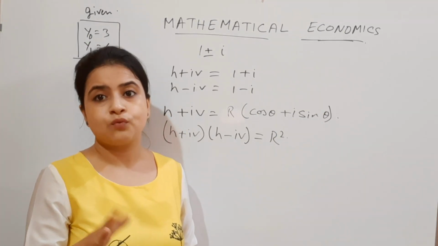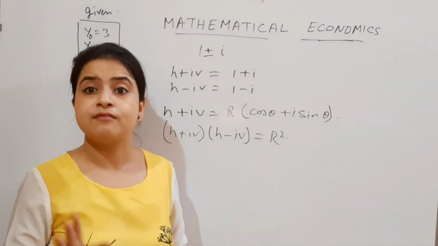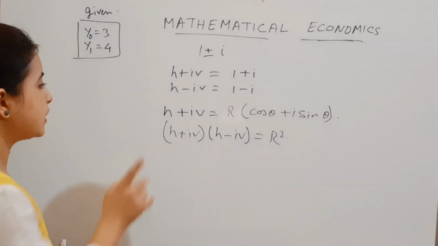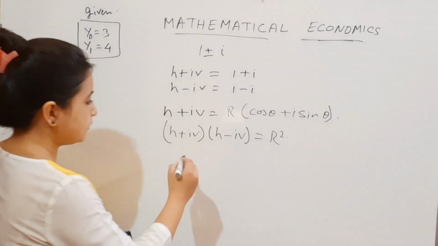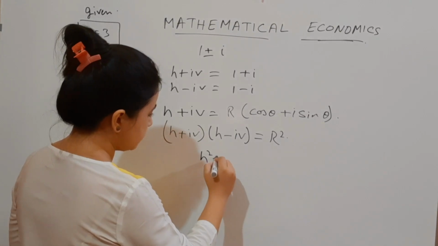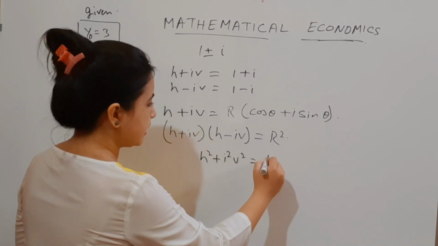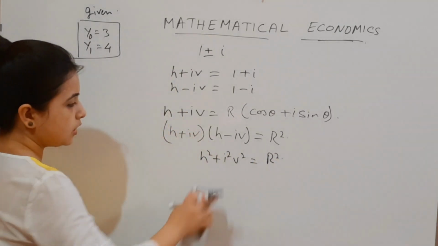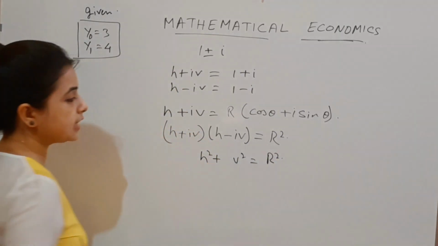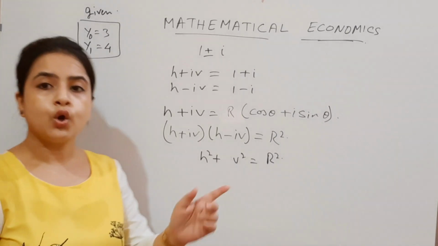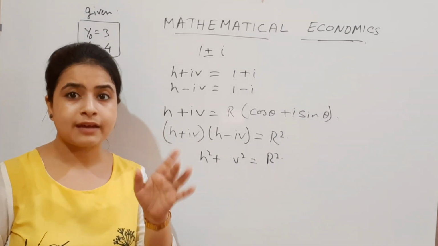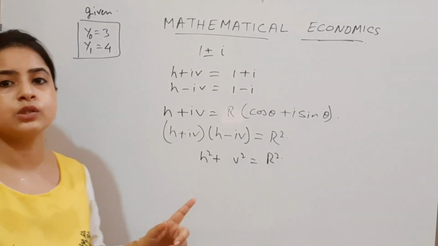Then we will be able to find the final solution. That is why I am finding r squared. So we get h squared plus i squared v squared, which equals r squared. Now i is equal to root over minus 1, so i squared is minus 1.